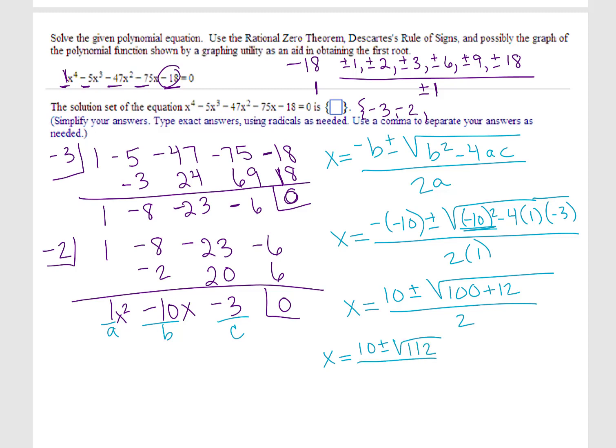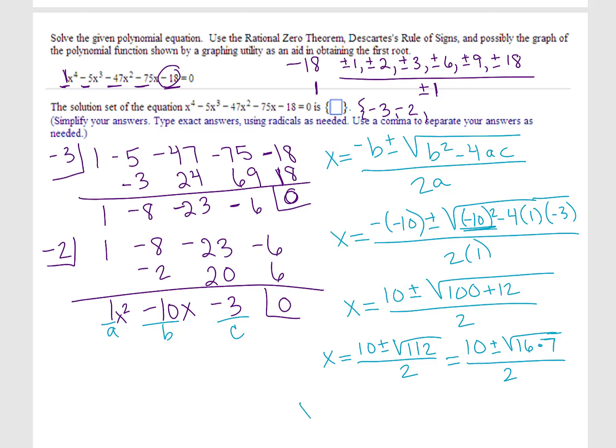112 over 2. I have a perfect square in that 112. Only because I peeked at how to break it down. I probably would have divided by 4 first and then had to break it down again, and that's okay. But I would not have seen naturally that 16 times 7 in there.